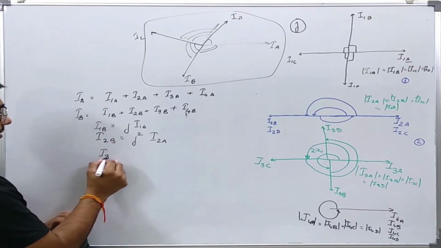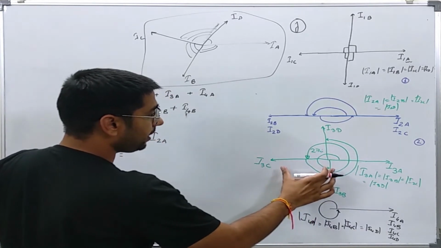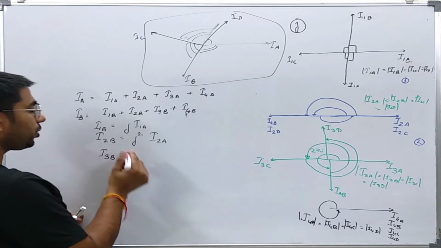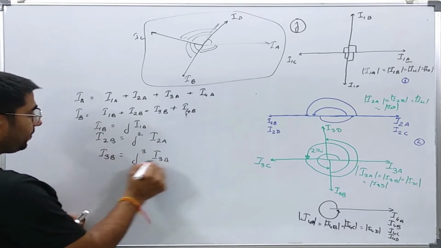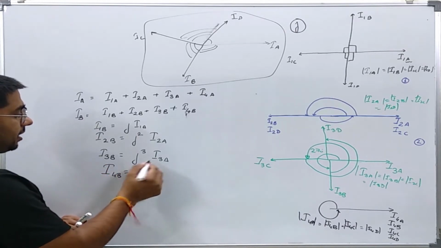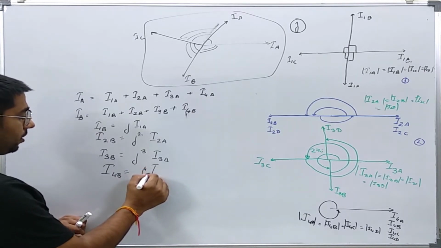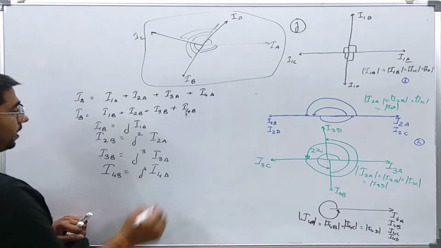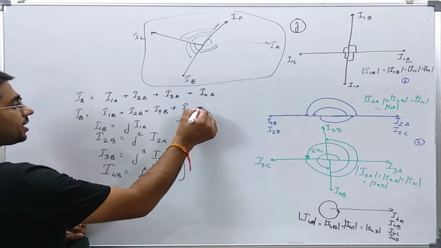Similarly, for I3B, it is 270 degrees ahead, that is J cube times I3A. And I4B is simply J4 times, or 0 degrees ahead of, I4A. Now I will use these values in this equation.